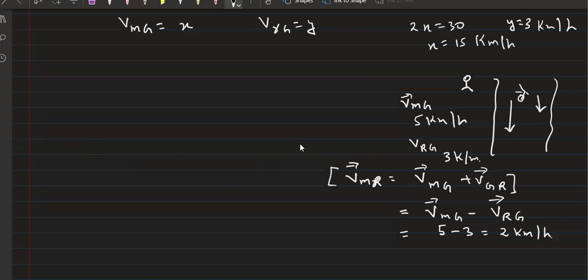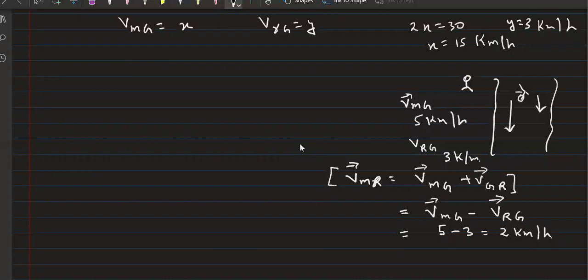But we have been given river with respect to ground, so velocity of ground with respect to river is the negative of it, because it's in the opposite direction. River with respect to ground is equal to negative of ground with respect to river. Got it, everyone?